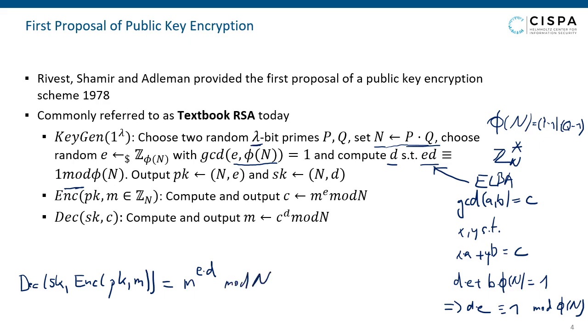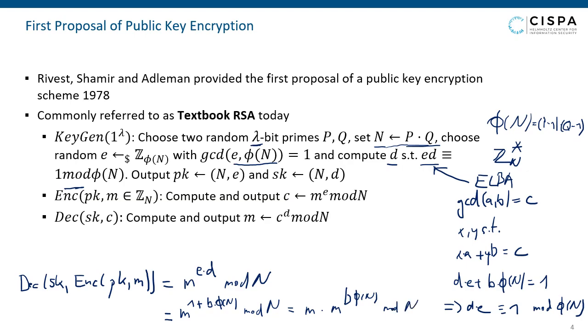I've already simplified these two operations into a single exponentiation. But now we know that D times E is congruent 1 modulo phi of n. So this is the same as m to the 1 plus, let's call it B times phi of n modulo n, which is just m times m to the B times phi of n modulo n.